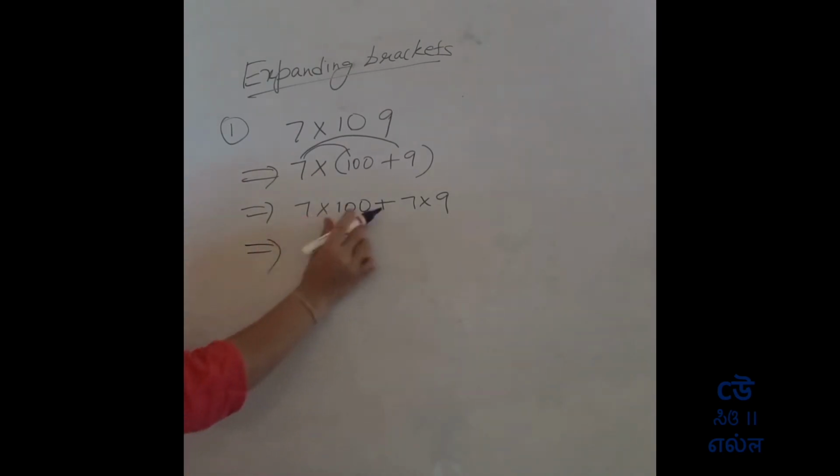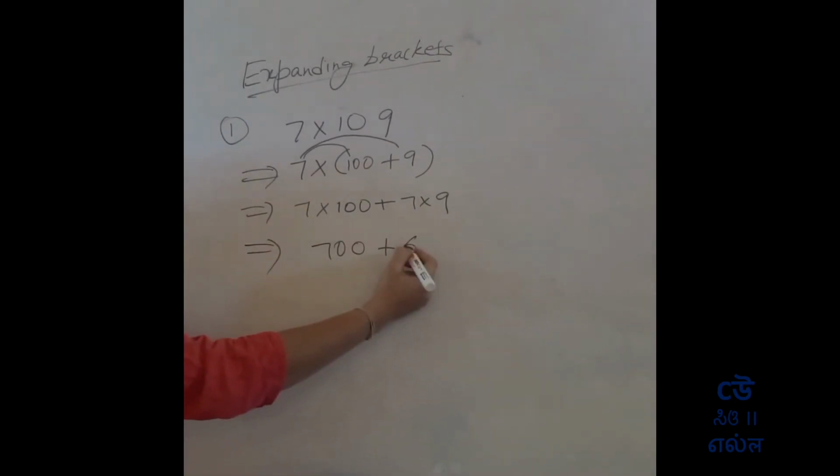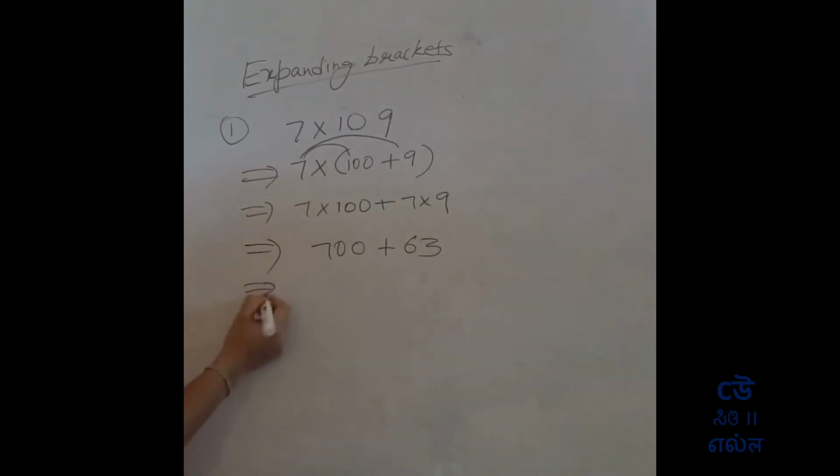So 7 into 100 will be how much? 7 into 100 will be 700. Plus 7 9s is how much? 63. So if you add 700 plus 63, what will be the answer? 763 will be the answer.